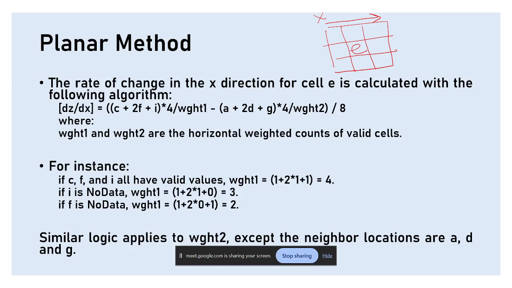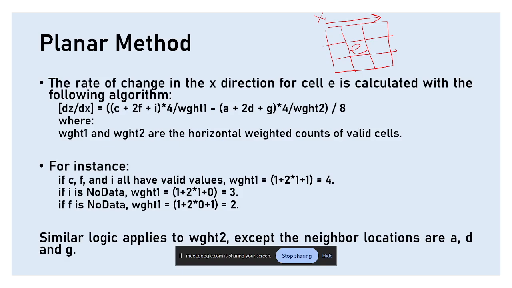This is the rate of change, that is why it is dz by dx. dz by dx is given by this equation where weight 1 and weight 2 are, I think, horizontal weighted counts of valid cells. I've not seen any calculations like this in your assignment, but if it comes, this is the formula that needs to be used. But I don't think such heavy calculations will be given.